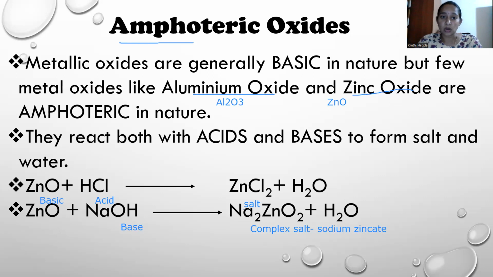Another example of amphoteric oxide is aluminium oxide. Can you write equations by yourself for how aluminium oxide reacts with HCl and how aluminium oxide reacts with NaOH? You should remember one thing, it produces salt and water. Water is common, and the salt formula you should be able to generate.